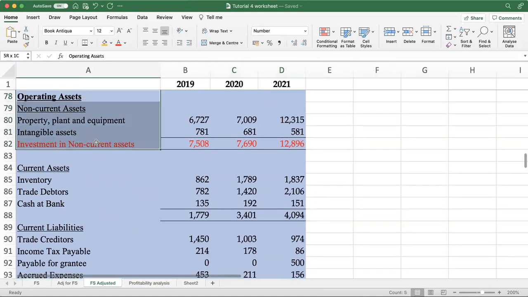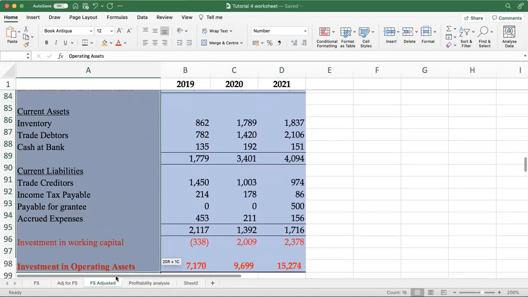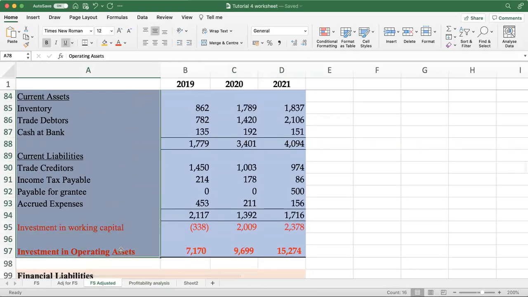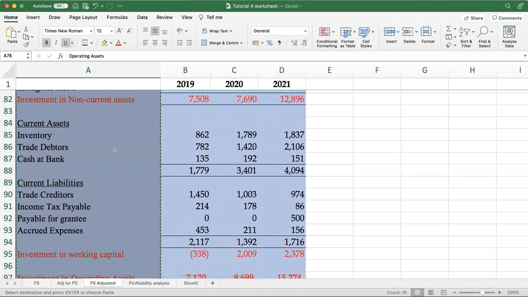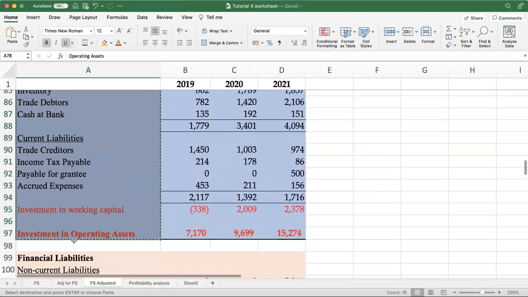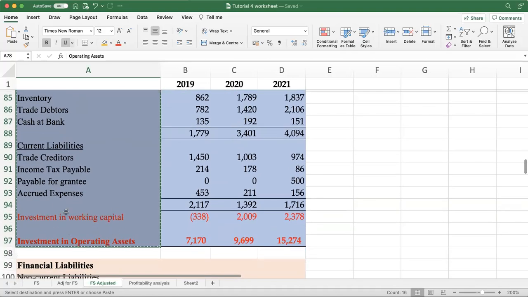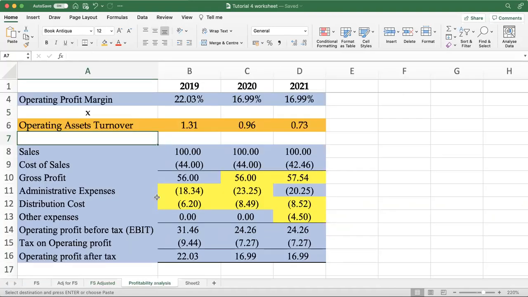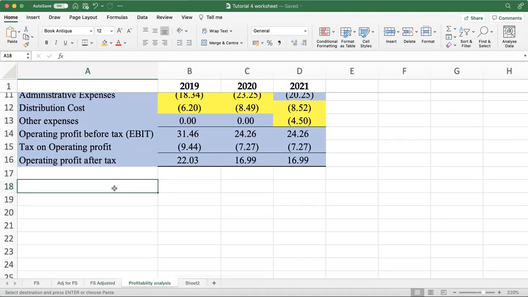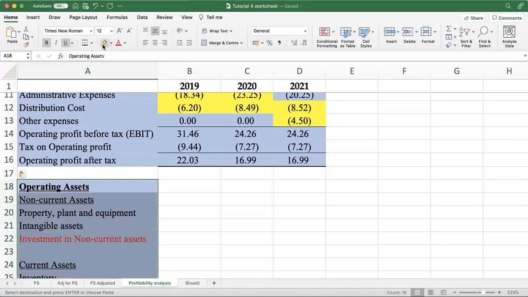You take all the line items of these investments in operating assets: investment in non-current assets and investment in working capital. So you can copy here and paste here.